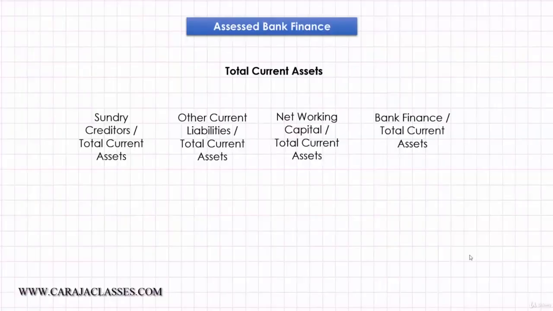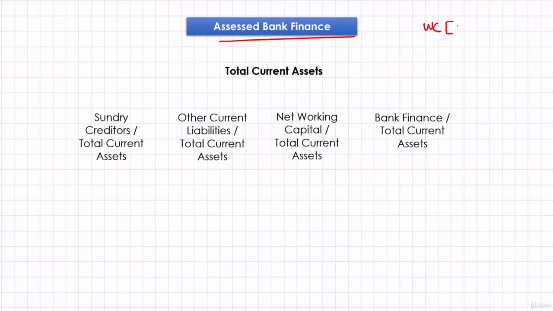Moving on to assessed bank finance. What do we mean by assessed bank finance? Here, the working capital requirement, basically the fund-based requirement, which we call cash credit, is assessed under this method, assessed bank finance.